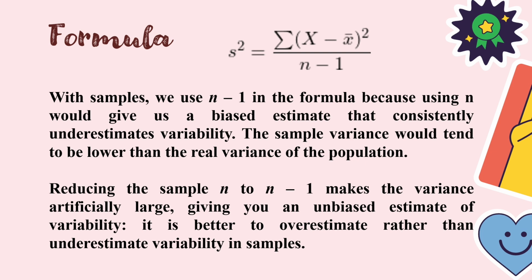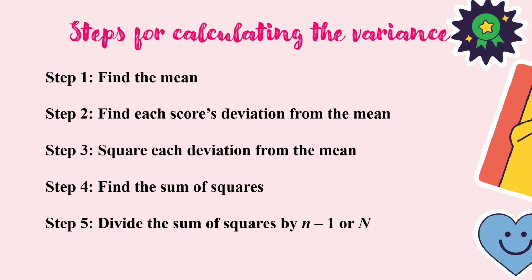So now, let us proceed to the steps for calculating the variance. The variance is usually calculated automatically by whichever software you use for your statistical analysis. But you can also calculate it by hand to better understand how the formula works.